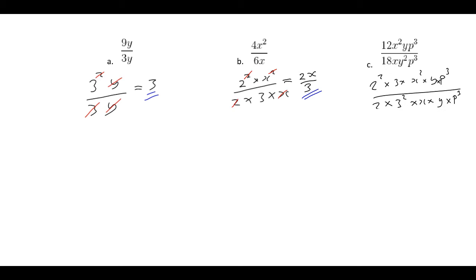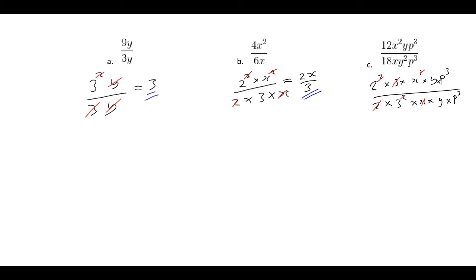And we're just going to do it for every single term. 2 squared over 2: we cancel a 2 top and bottom. 3 squared: we cancel a 3 top and bottom. x squared and x: we cancel x top and bottom.